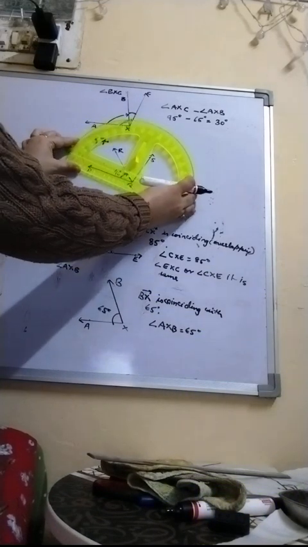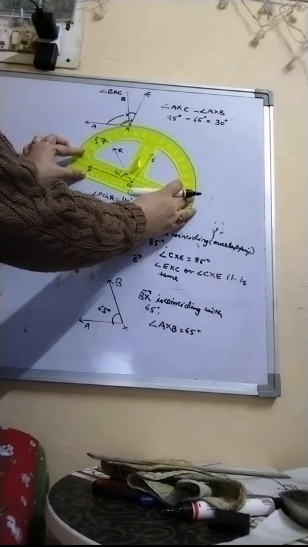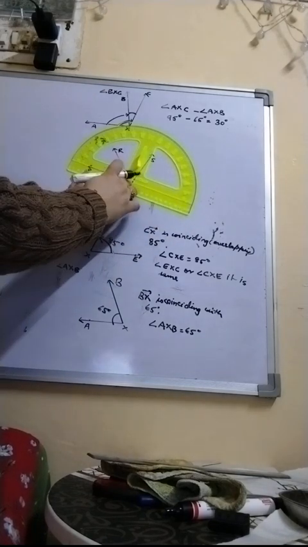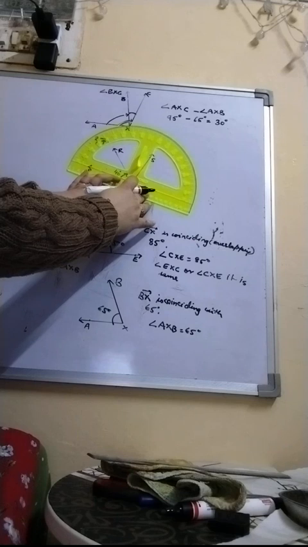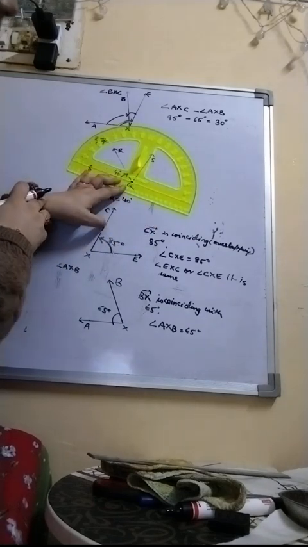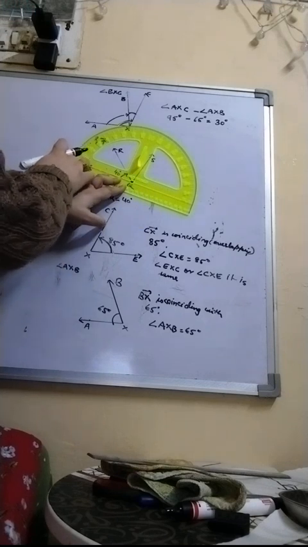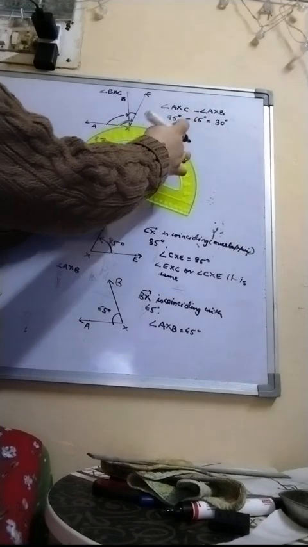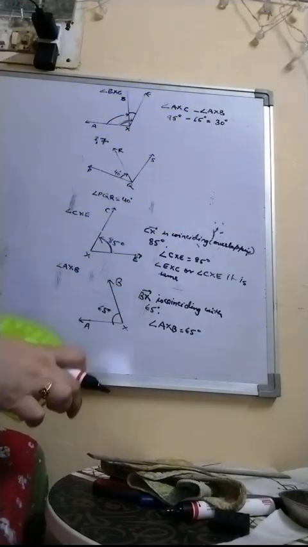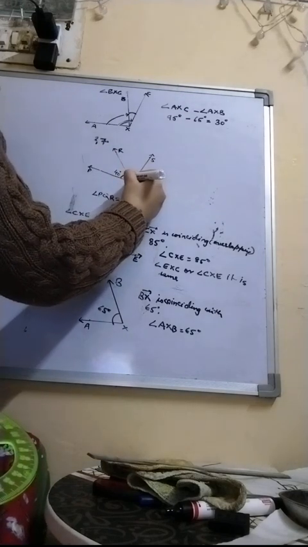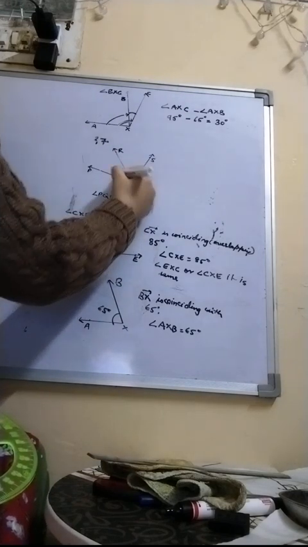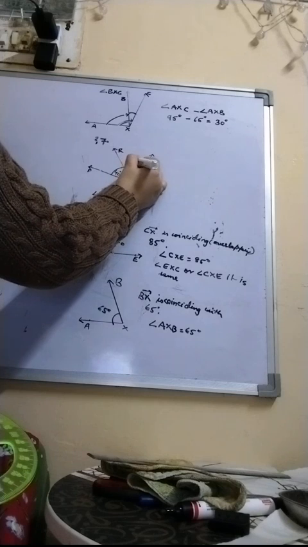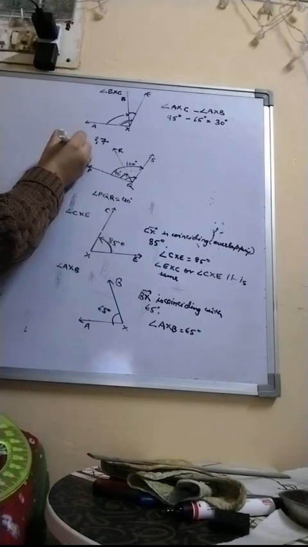Again align the protractor with PQ, center at the vertex, and then start reading from 0: 0, 10, 20, 30, 40, 50, 60, 70, 80, 90, and it is 100. So it is around 100 degree. So the turning would be like this, PQ to QS. This is 100 degree. Now answers may vary from the book.